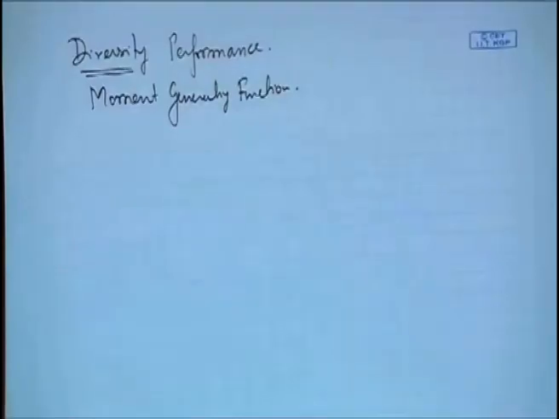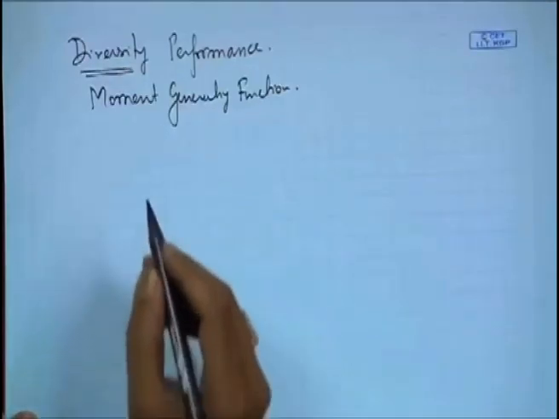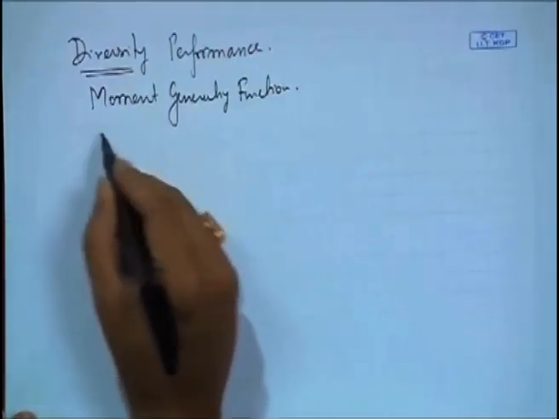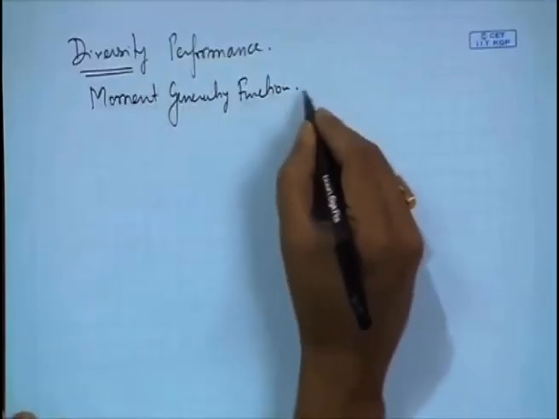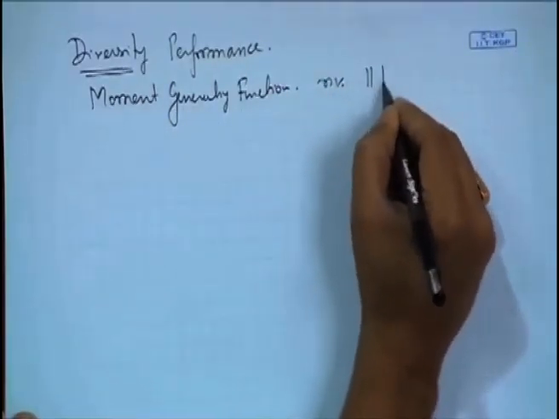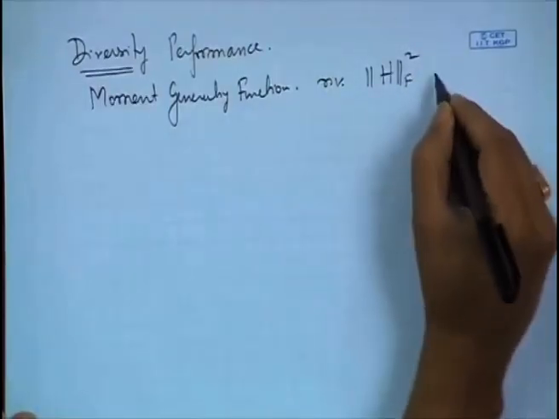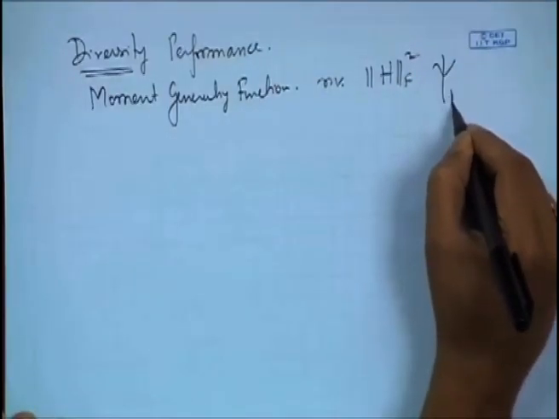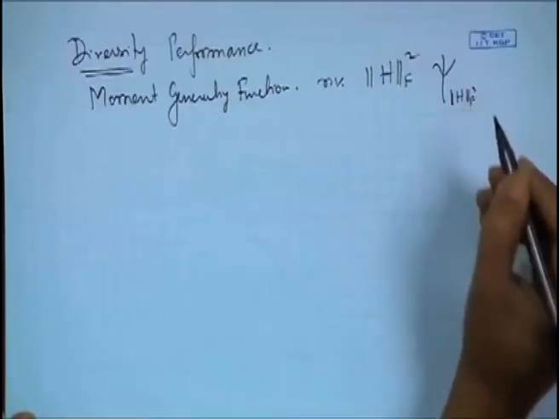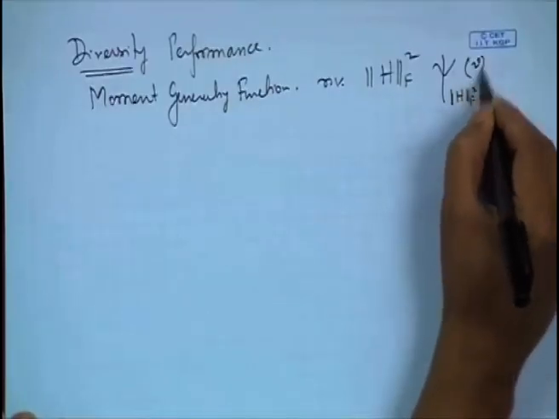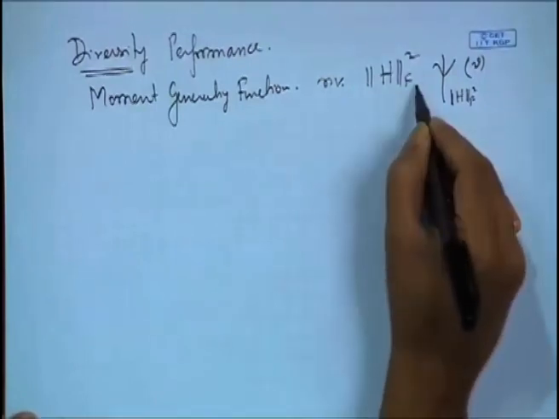There are different ways of calculating the BER, but one particular result exists which is often quite useful in giving this performance. So we denote the moment generating function of the random variable we are interested in, HF squared, as psi of HF squared of, let's say, nu. This is how we are going to represent it.